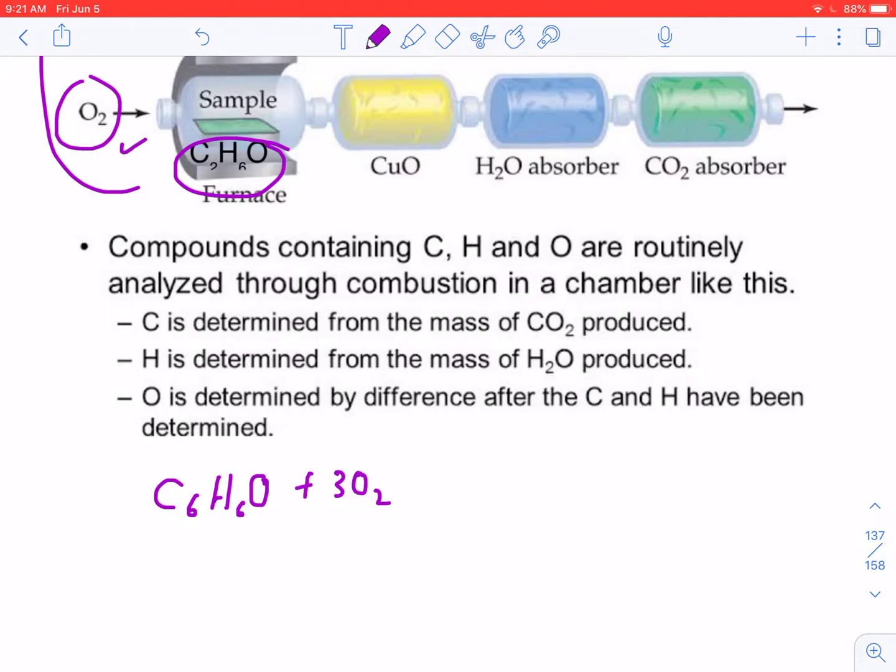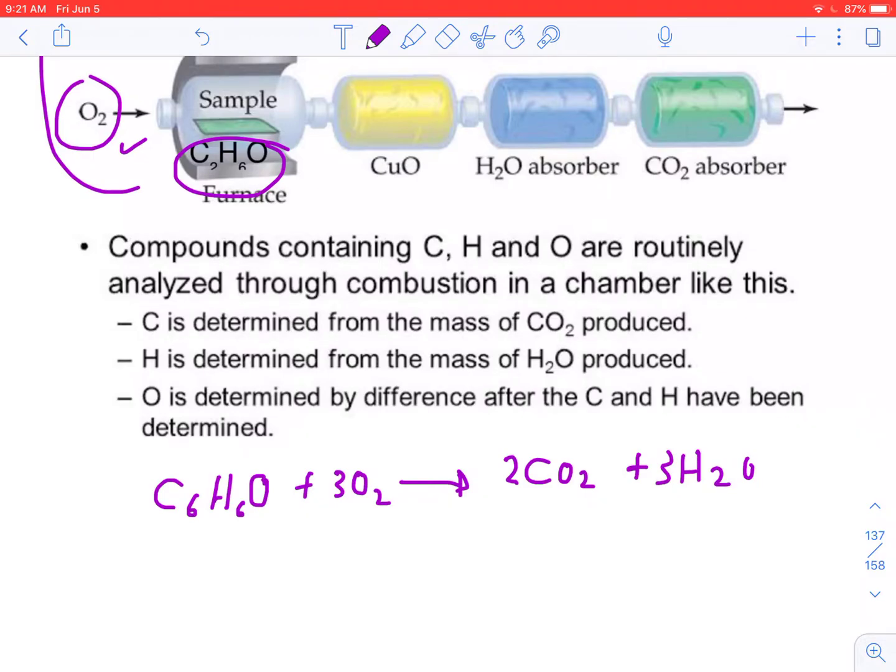So it's in a furnace, right? And it's heated. And when it's heated, this molecule breaks down. And what does it break down into? It breaks down into carbon dioxide, and it breaks down into water. So it breaks down into these components. And okay, so we balance this reaction.